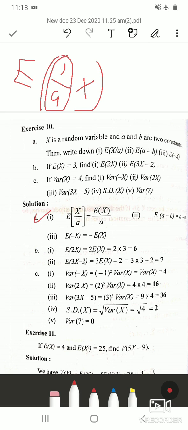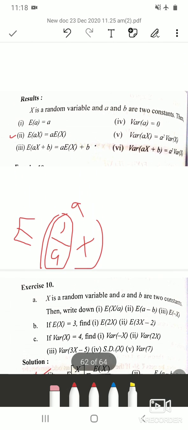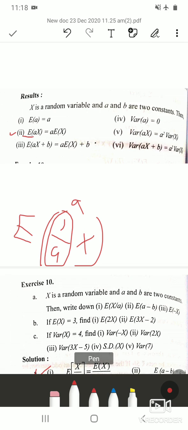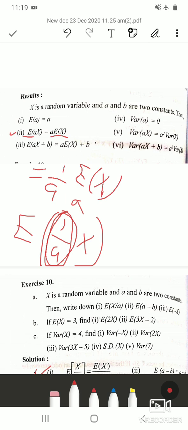So here this whole term is your a. Therefore we know expectation of ax is a into expectation of x. So here a is 1 by a. Therefore we will get 1 by a into expectation of x, which can be rewritten as expectation of x by a.